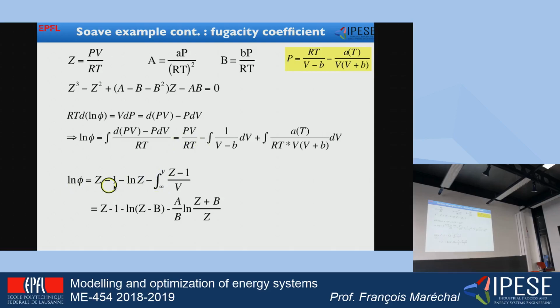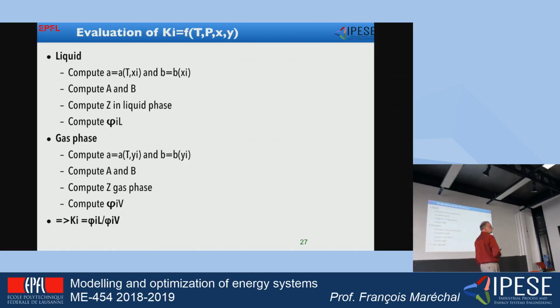But you can see that this complex equation is in fact a mathematical processing of a very simple expression, okay, which is a thermodynamic expression, right? So it's really interesting because then it allows me to calculate, for example, the equilibrium of a mixture, okay?